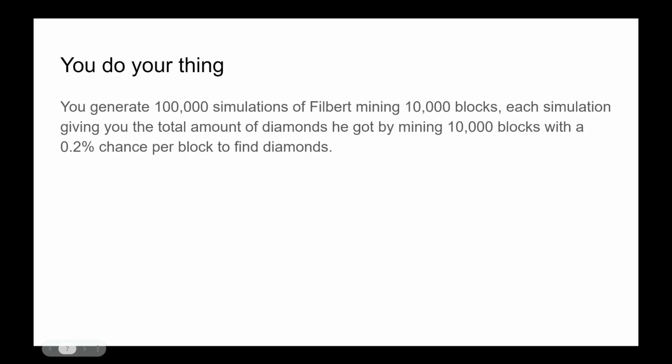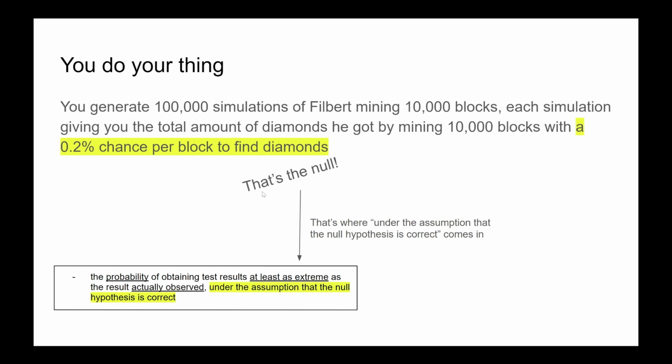So we're not gonna focus too much on the code here, but you do your thing. You generate 100,000 simulations of Filbert mining 10,000 blocks, each simulation giving you the total amount of diamonds he mined in that simulation, with a 0.2% chance per block to find diamonds. And what I want you to notice here is that that's the null.